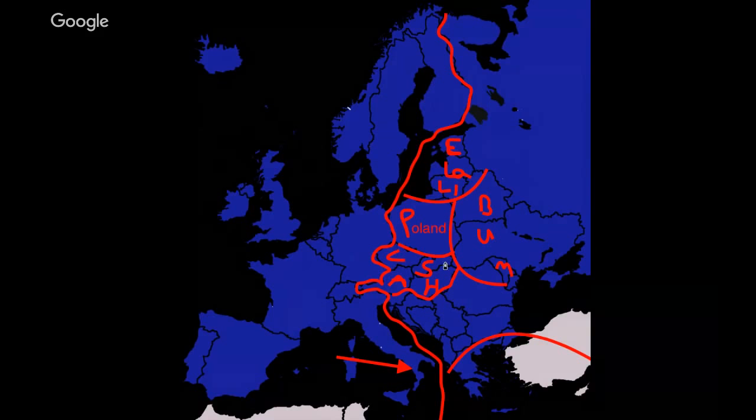We used to have Czechoslovakia, now it's the Czech Republic and Slovakia. And we used to have Austria and Hungary. Austria-Hungary. So these four countries, Czech Republic, Austria, Slovakia, Hungary, used to be one country, Czechoslovakia, and one country, Austria-Hungary.